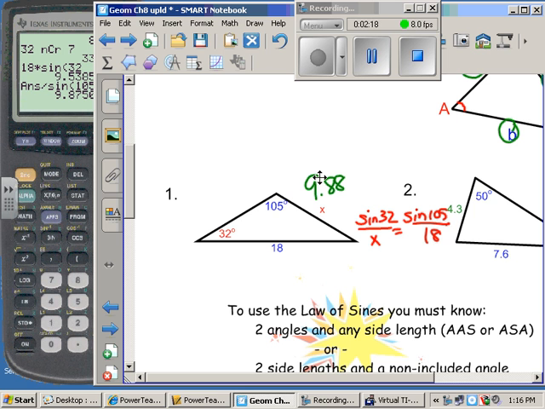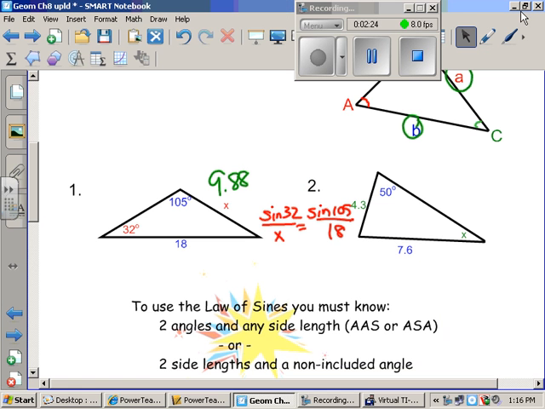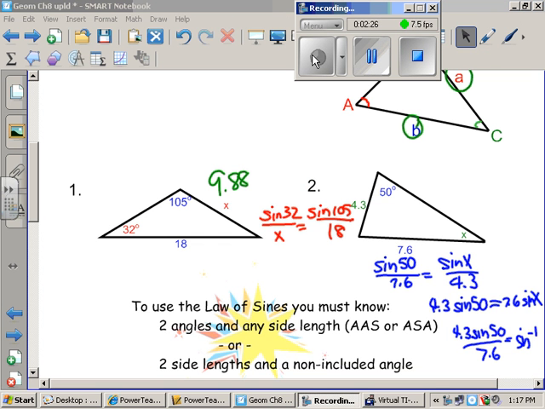Take a second and do this one over here. You can't see it very well, but do this one. Okay, so when you set it all up, you realize you're going to find an angle, and that means inverse.